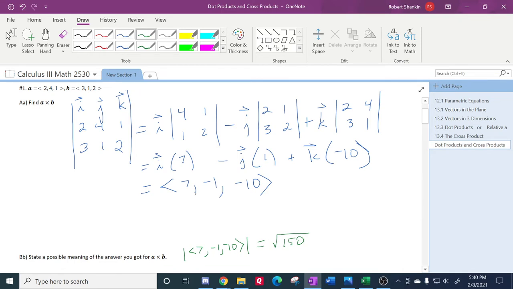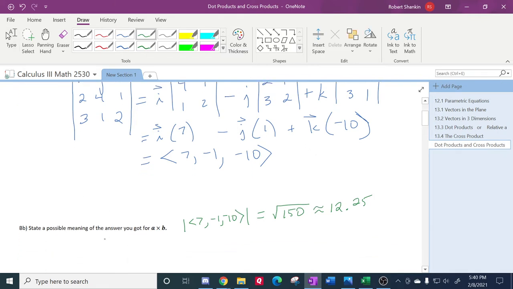It's a little more than 12. 5 root 6? Yeah, about 12.25 is the amount of rotational force that A exerts on B.